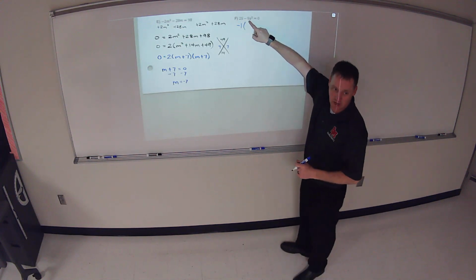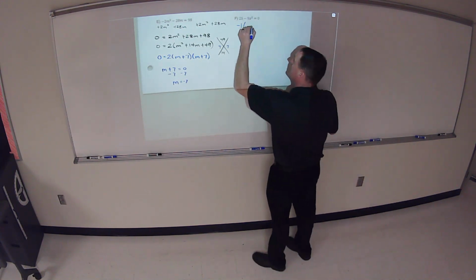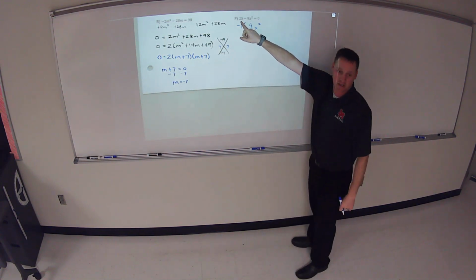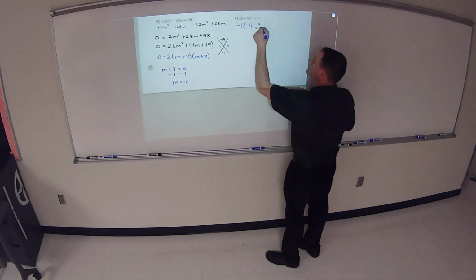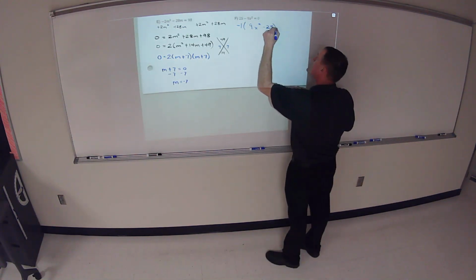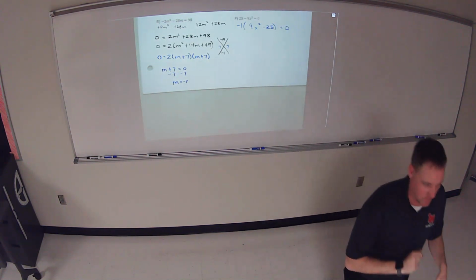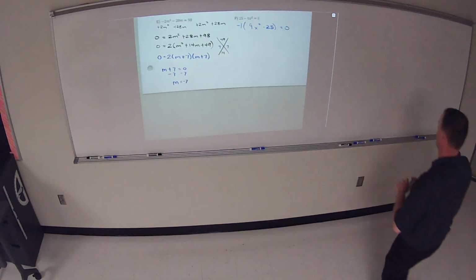Is this going to be 9x squared or negative 9x squared? Right now it's negative 9x squared, so if I pull a negative out, it's going to be positive 9x squared. Okay? Then I'm going to put my 25 second. Is it going to be plus 25 or minus 25? Minus 25, because we're switching the signs on that. So I factored out my -1 and rewrote it into standard form for us. Okay? Well, let's go ahead and factor this one.